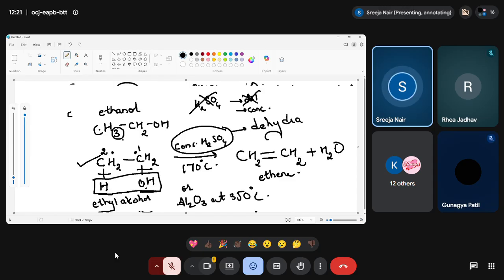Only concentrated sulfuric acid, and that too at 170 degrees C. If you lower the temperature, the reaction will change. It is a temperature specific reaction. The reaction should happen at 170 degrees C, then only it will result in the formation of ethene. If you change the temperature, the reaction will completely change. So the temperature plays a very important role.